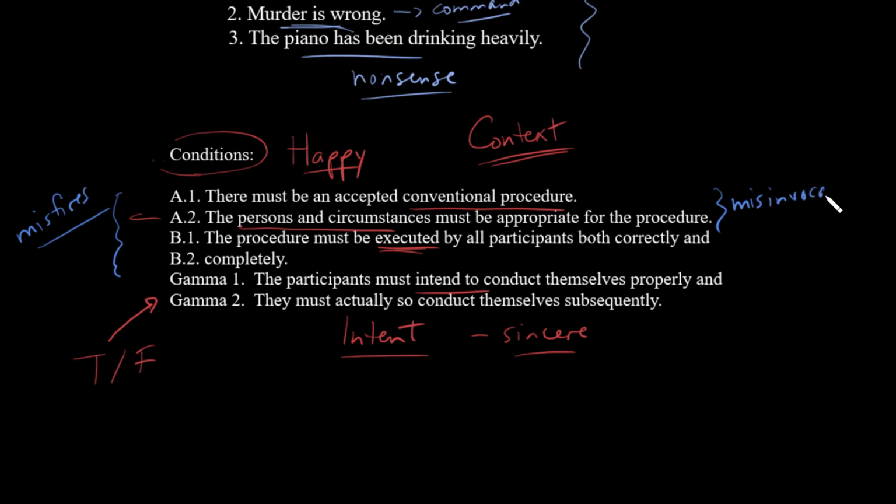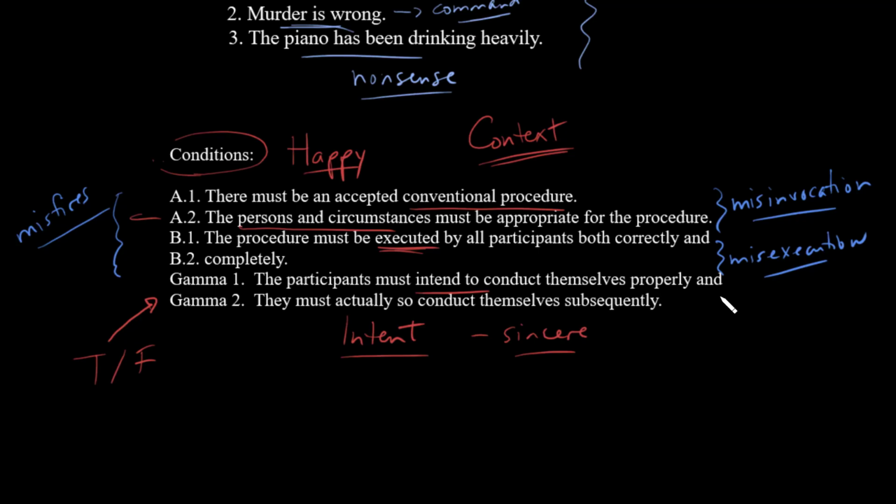So we try to invoke the correct procedure and so on, but we miss something. I am not a minister, but I'm baptizing, right? We don't do things properly. And then B, if we do something specifically wrong here, this would be a misexecution. So we try to execute the action and it doesn't work.